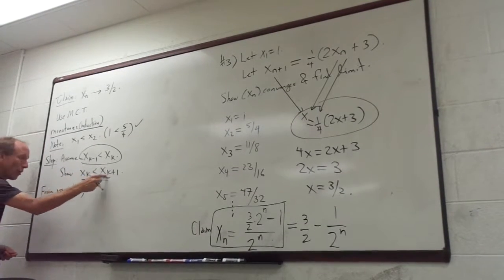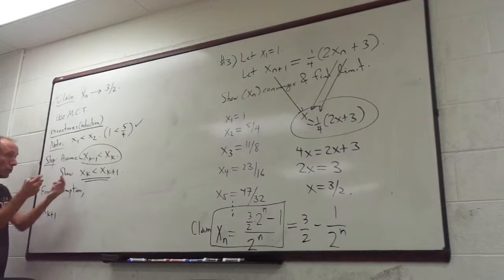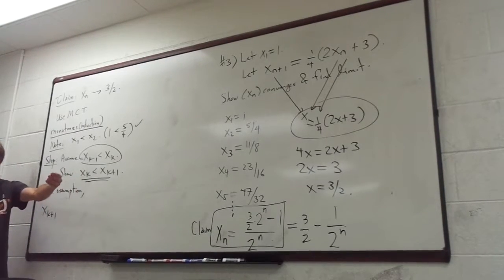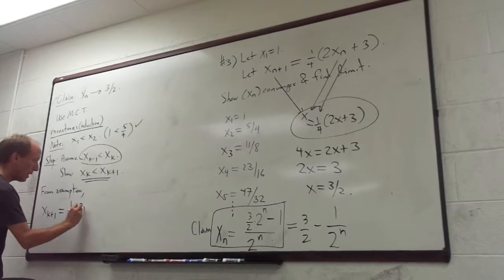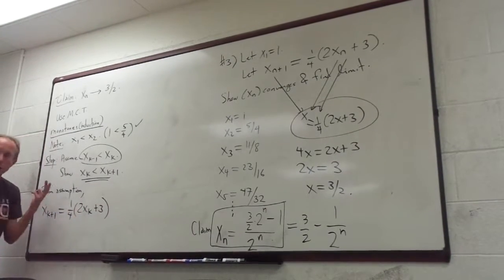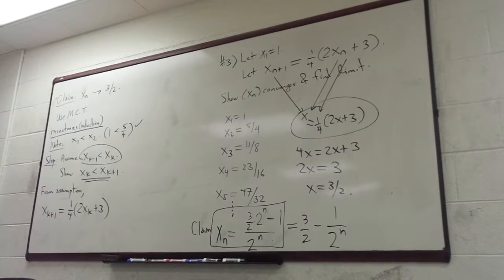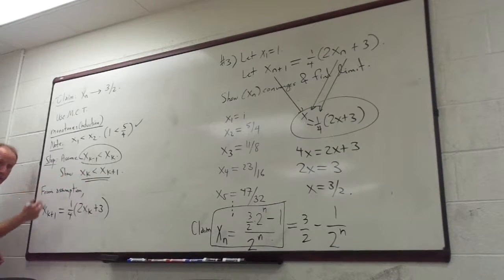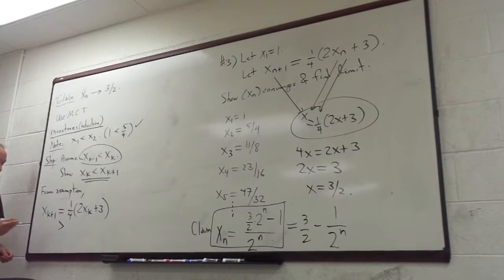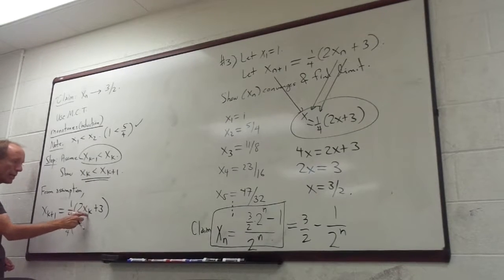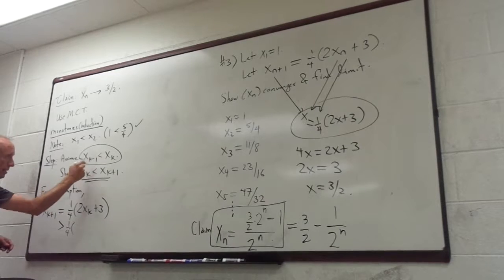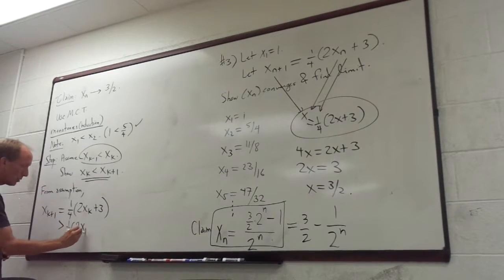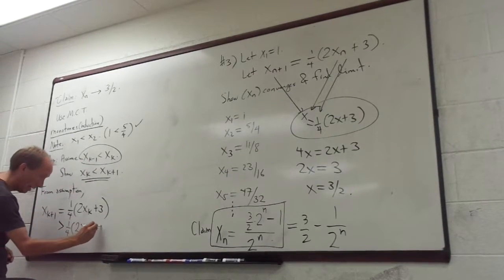So let me start with x_{k+1} and try to show that it's greater than x_k. Of course, x_{k+1} is, by the formula, 1/4 of 2x_k plus 3. So we can just put that in immediately. Now we want x_{k+1} to be greater than something, so let's replace 2x_k plus 3 with something smaller, by the assumption: 2x_{k-1} plus 3.